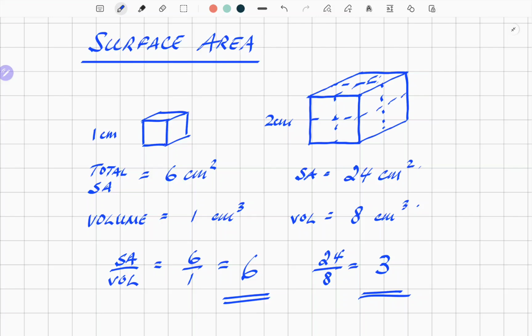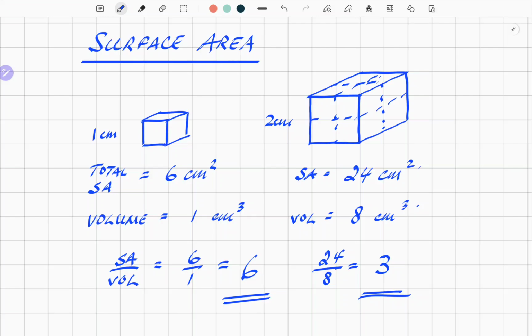Do you see how the ratio has decreased? So as the object gets bigger and bigger, the surface area to volume ratio, in biological terms, how much skin it has compared to how big it is, the proportion gets smaller and smaller.